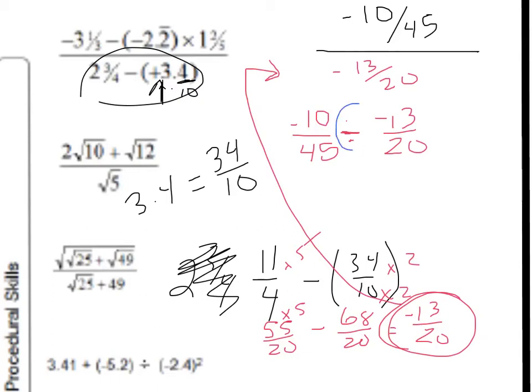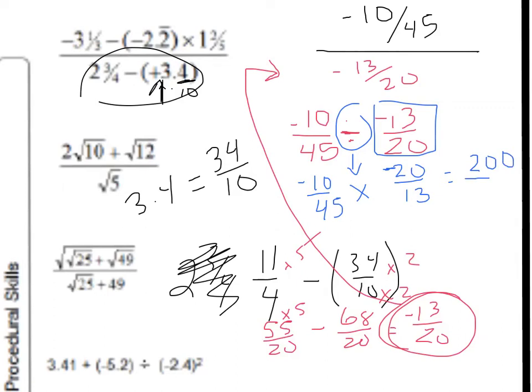The rule is I take this, I change it to multiplication, I take the second fraction and I reciprocate it to 20/13. I'm going to put the negative up top, I can leave it there, I like it there, and I rewrite the first fraction. Now I go top times top, which is positive 200. I go bottom times bottom, which is 585.